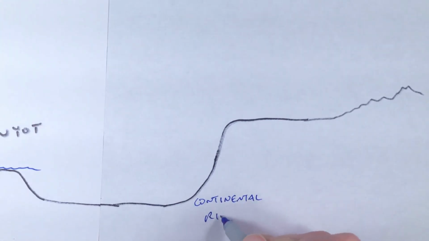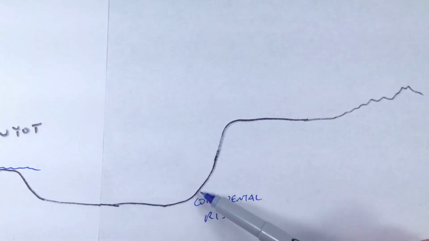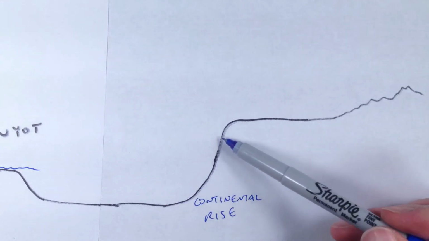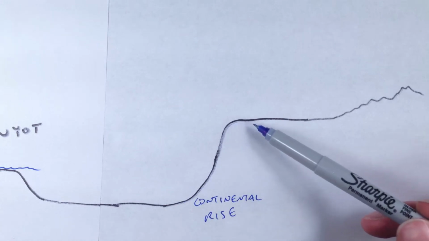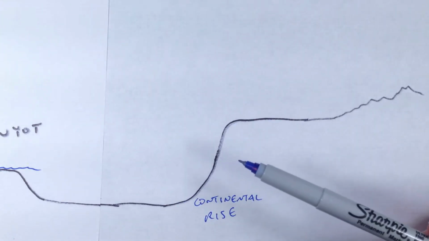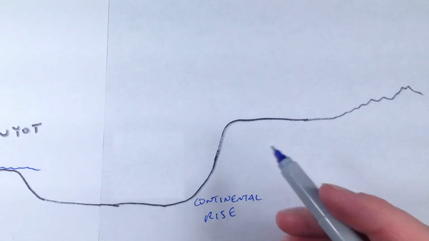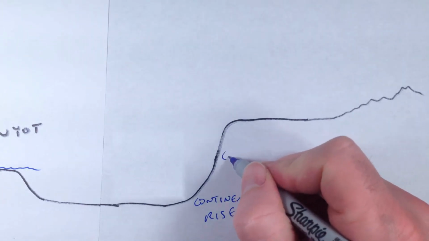Okay, now then there's this sharper vertical, and that has another name. See if you can remember what that is called. Pause the video. Okay, so this is the Continental Slope.